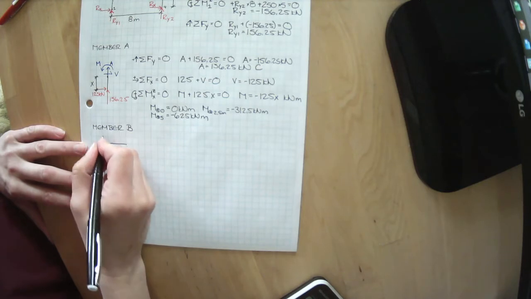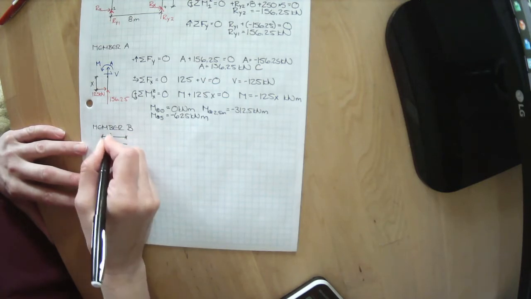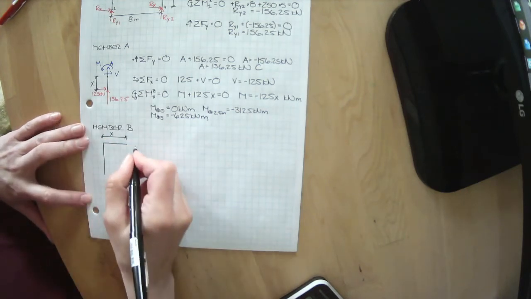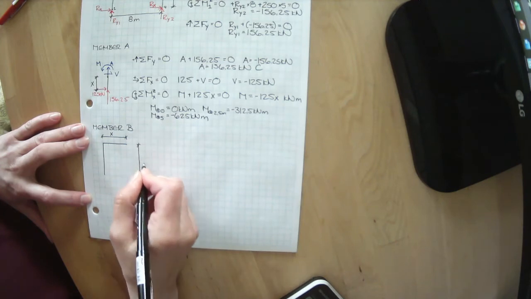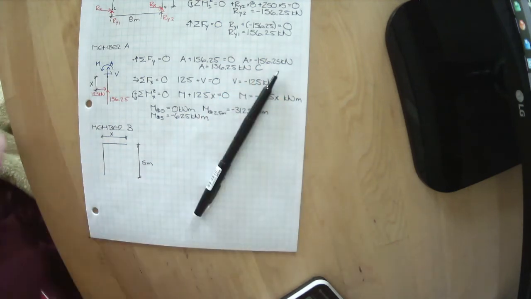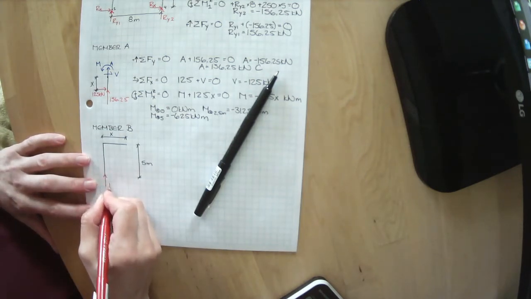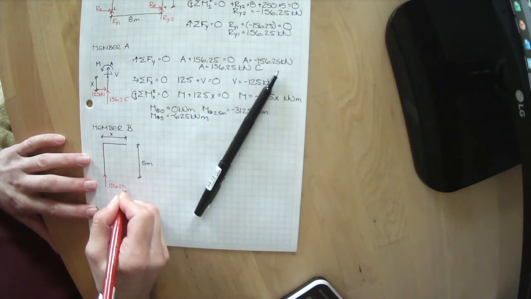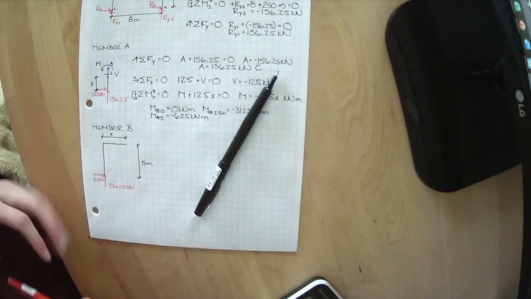I am making a cut some distance x away. This distance is 5 meters. We know that we have a reaction here of 156.25 kilonewtons and here of 125 kilonewtons.